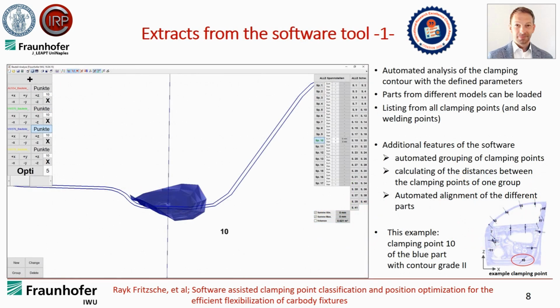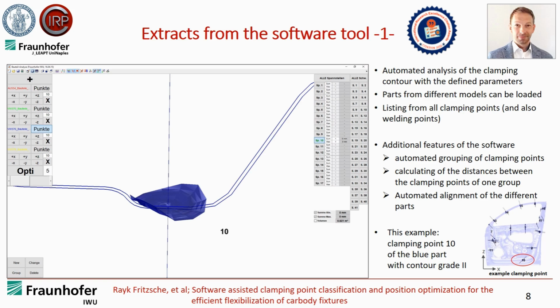In the next slides we see some extracts from the software tool. Here we can see one clamping point after the automated analysis of the clamping contour with the defined parameters. With the software we can also load parts from different models. On the left side we have loaded 4 parts, but only shown the blue part.